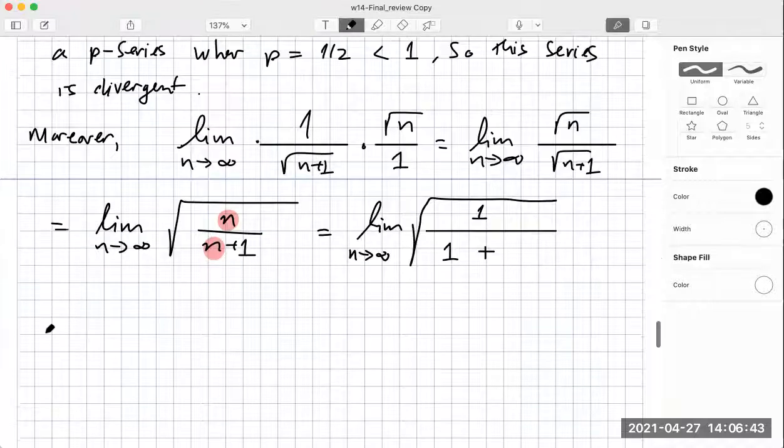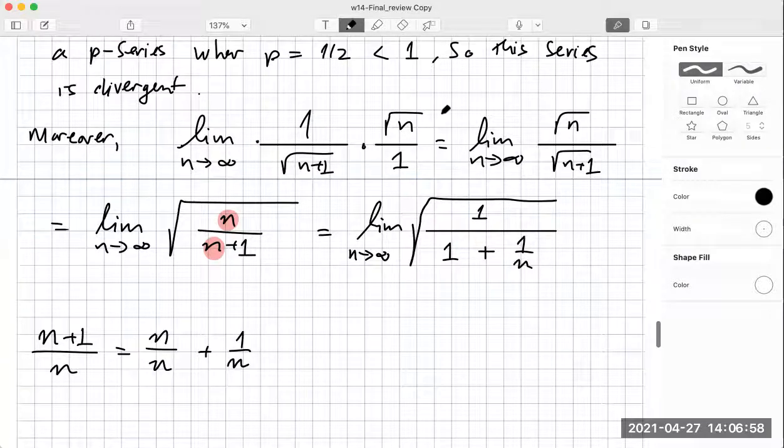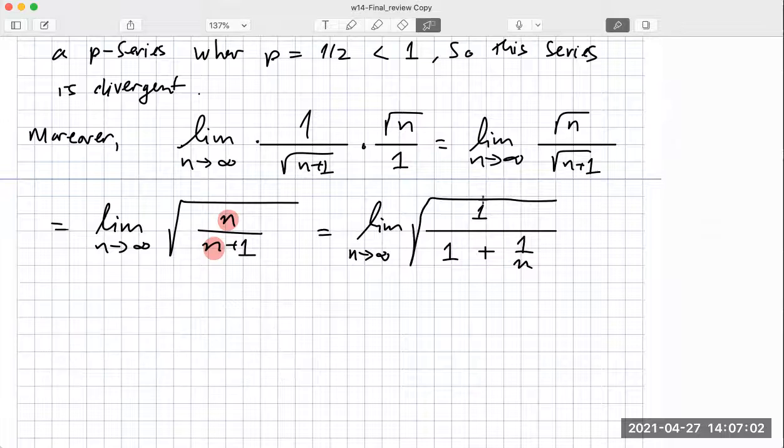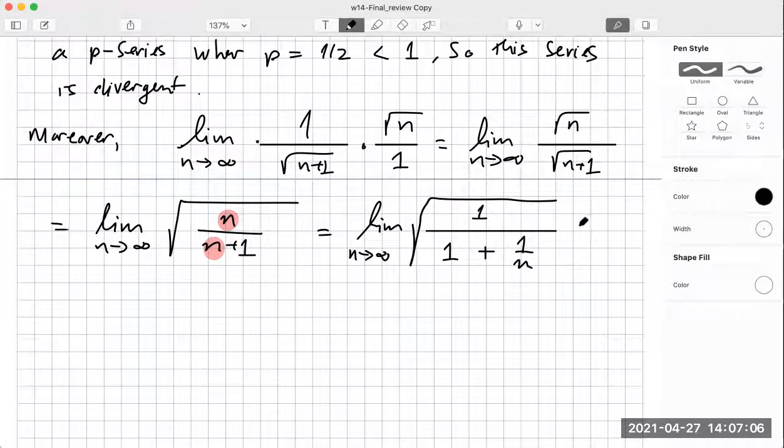Let us do a side computation. This is a fraction, right? So 1 plus 1 over n. Very good. That's it, right? When n goes to infinity, this guy becomes 0, so the limit becomes square root of 1, or 1.